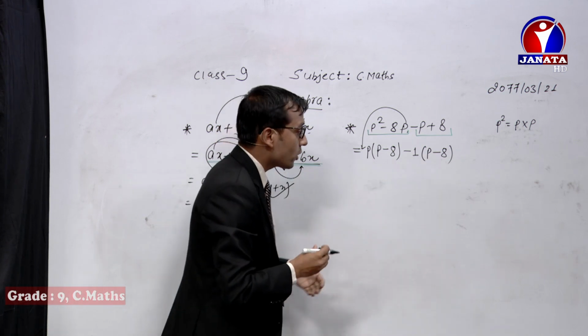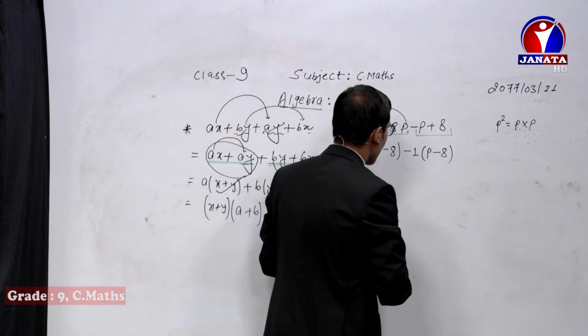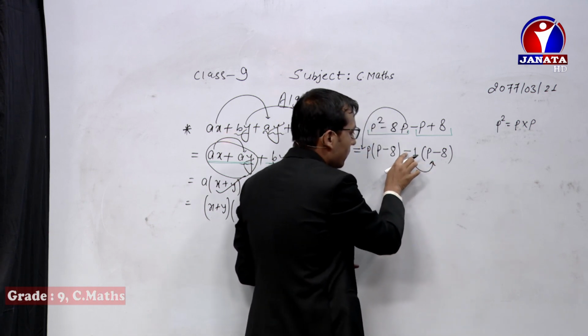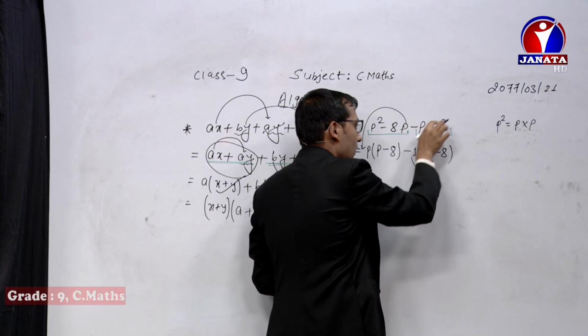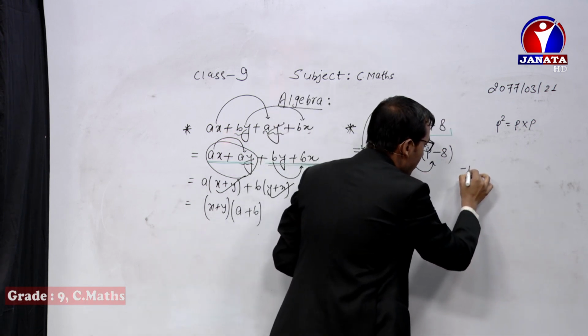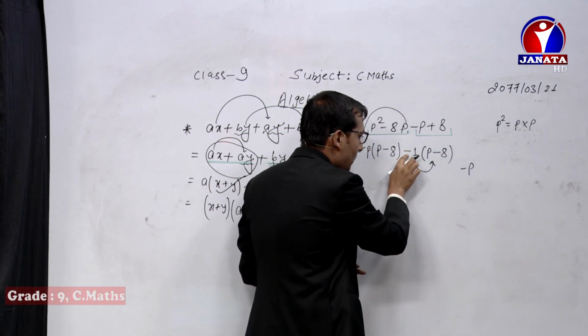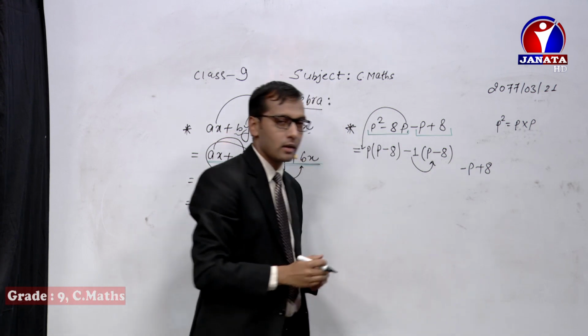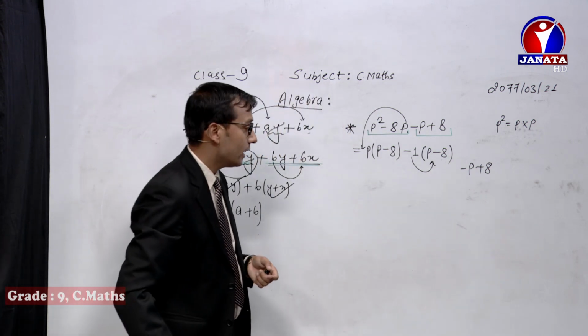Or we can also say this by multiplying. If we multiply this minus 1 times p, we will obtain the above expression. Minus 1 times p is minus p. So minus becomes plus 8. It's the same. There should not be any change.